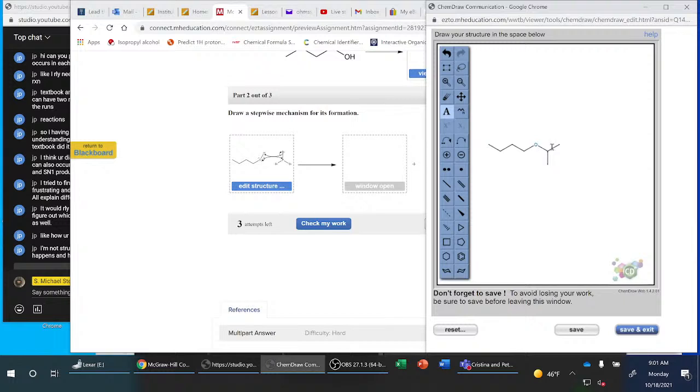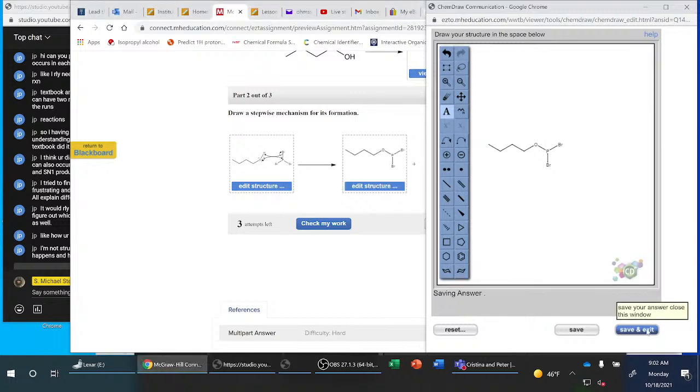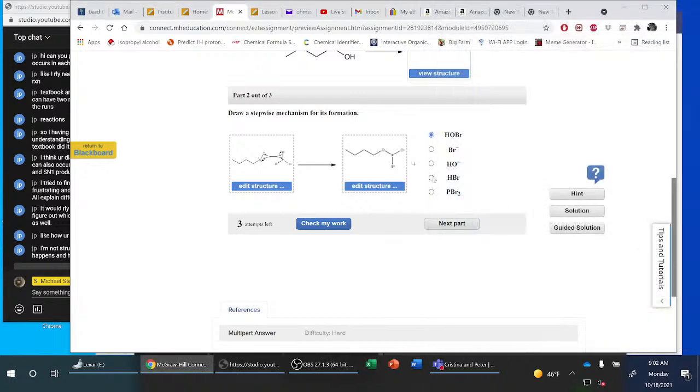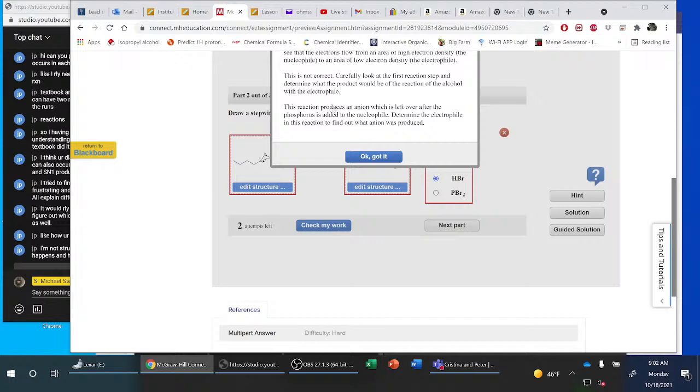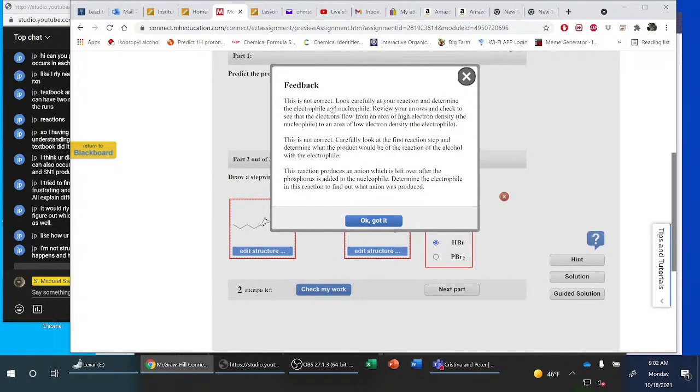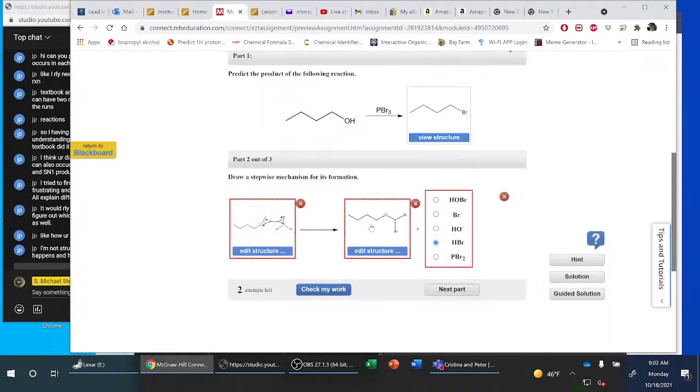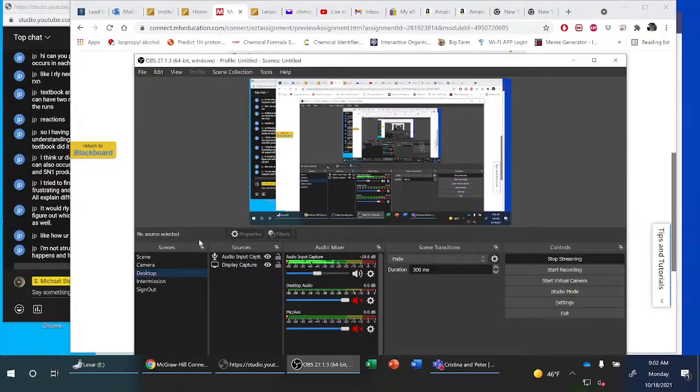If I do this from memory, I probably should just open up the notes, because the notes will talk about this mechanism much better. Hold on, let me look up the notes. I don't actually know this mechanism off the top of my head.